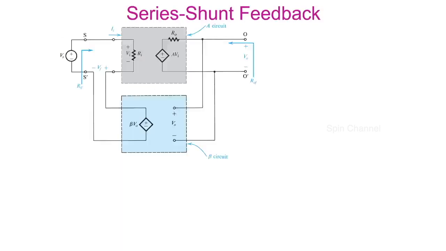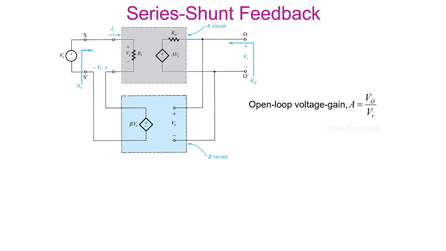It consists of an open loop amplifier and an ideal voltage mixing and voltage sampling feedback network. The voltage gain of a basic voltage amplifier is given as A equals V0 divided by Vi, where V0 is the output voltage of the basic amplifier and Vi is the input to the basic amplifier.